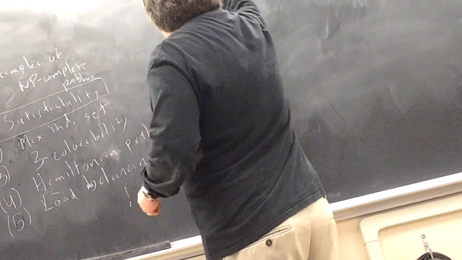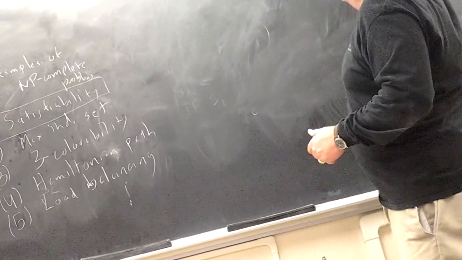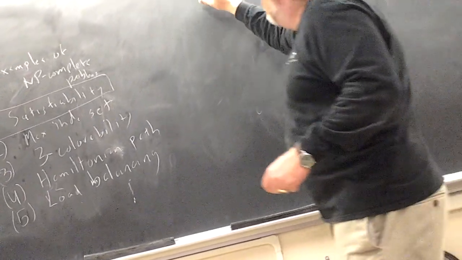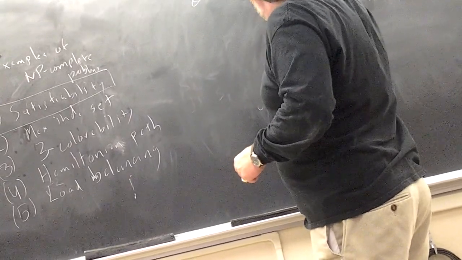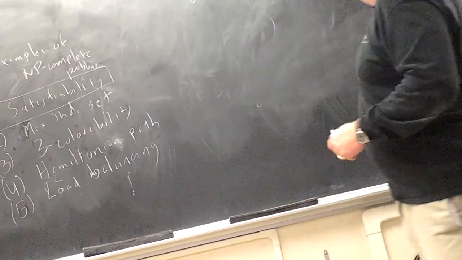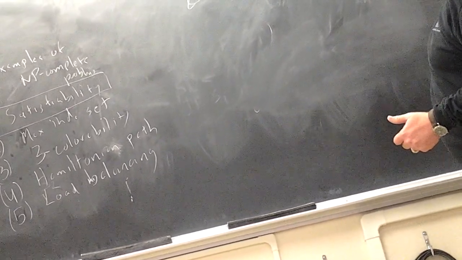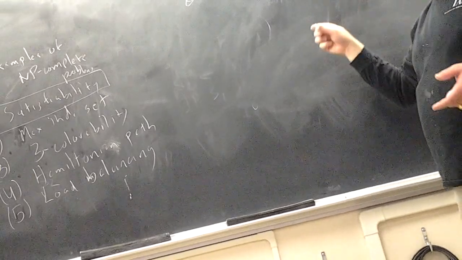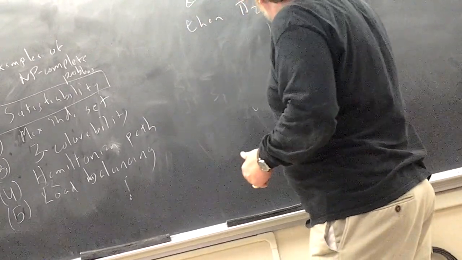If we have pi 1 that's NP-complete, and pi 2, where pi 1 reduces to pi 2, and technically we need to show that pi 2 is in NP, but that's usually pretty easy, then pi 2 is NP-complete.